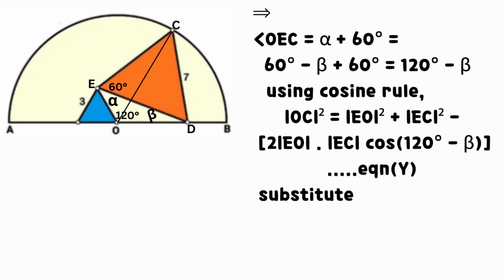Using the cosine rule, we have the equation for the square of line OC as shown on the screen.